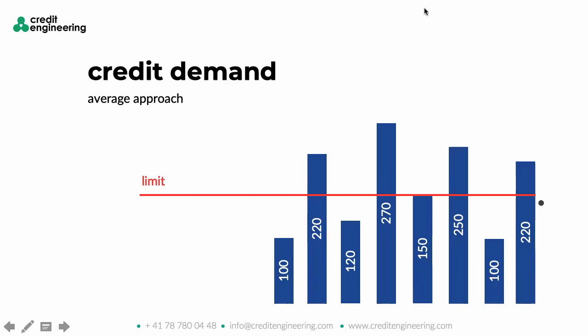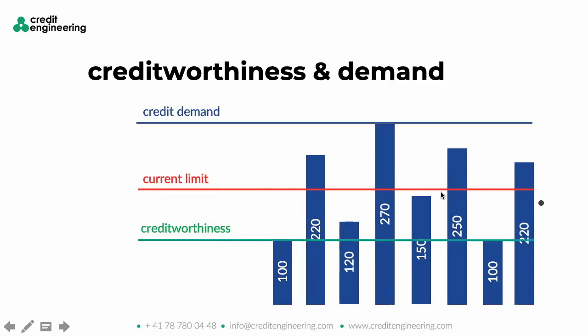So we can define how much credit is needed, then we can see how much credit we already give, or we can do it in a bit more complicated way. We know how much credit we need to give to a customer in order to ensure we achieve our sales volume.